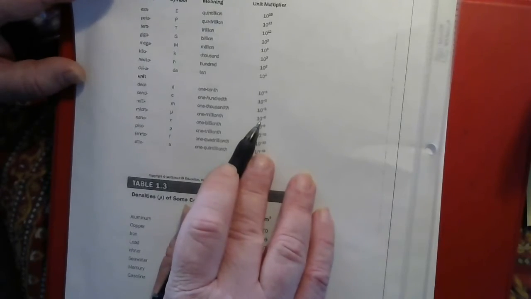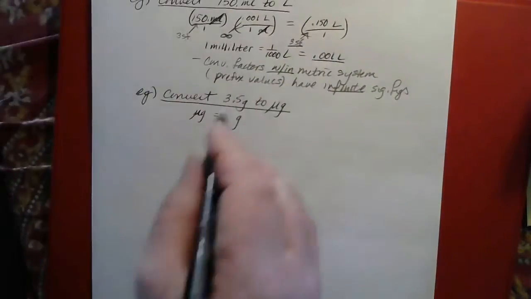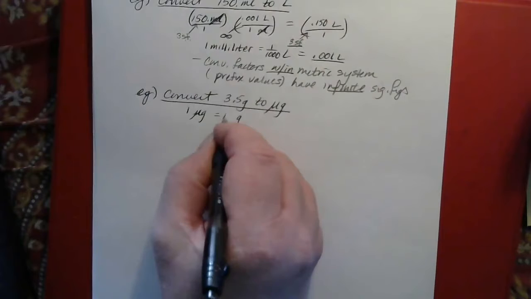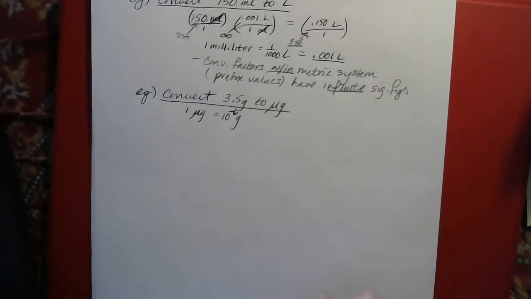And if we look at the metric prefixes, we see here that micro is this fellow right here, 1/1,000,000th or 10 to the minus 6 of the base unit. Okay, so that means, in other words, when it says 10 to the minus 6 over here, what it means is 1 microgram is 10 to the minus 6th of a gram.